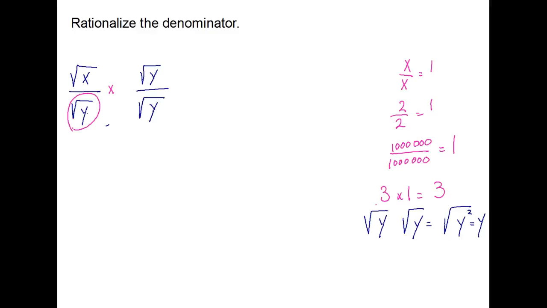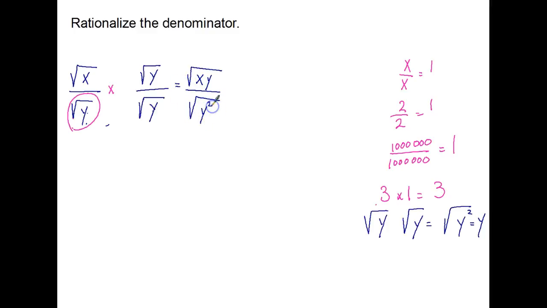I'm just rewriting things to make them look different. So, you take your denominator, you make a fraction with the denominator on top and the bottom, and you multiply the whole expression by it. So the square root of x times the square root of y. The nth root is the same, where n is 2, so square root, so I can combine them under the root. So this is equal to the square root of xy, since n is the same. My bottom, I'm going to also do the same.